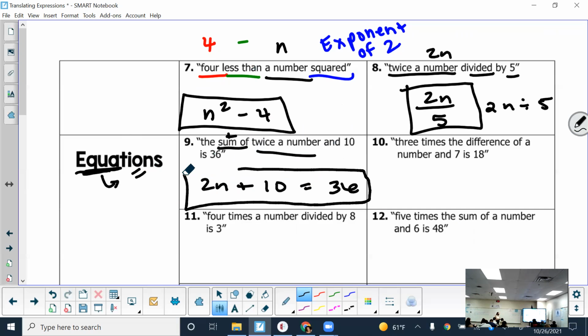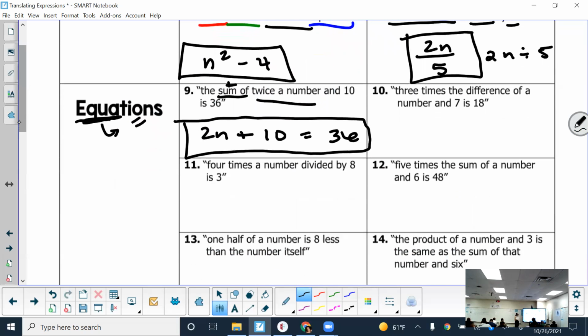All right, and right now we're not told to solve it. I know that you could. We're just translating it. Well, let's do 10 together and then I'll give you some to try. So we have 3 times the difference of a number and 7 is 18. So how would you write that? Would it be this?